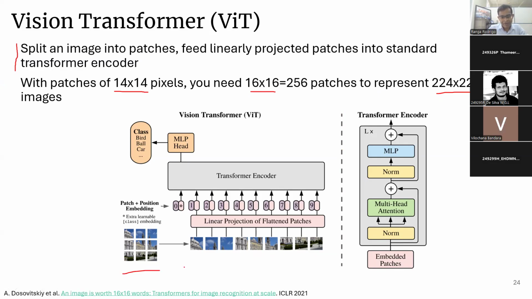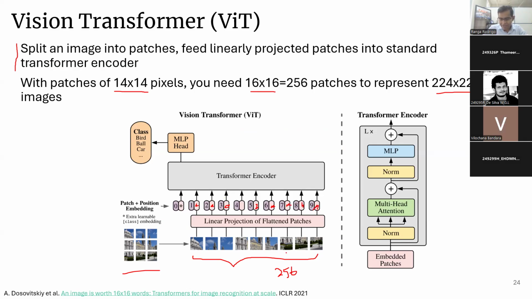Here you are showing 90 patches, but actually you have 256 patches. These patches are converted to vectors. Those vectors you can see here.